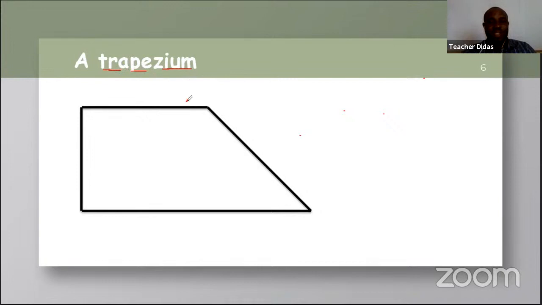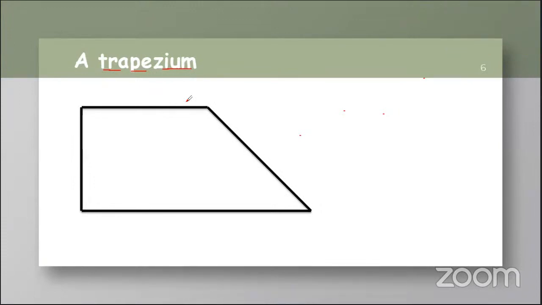I don't know where you get the M from to become trampy. That's why the spelling was hard for you. Just spell the word. T-R-A-P-E-Z-I-U-M. Trapezium. Good, good.